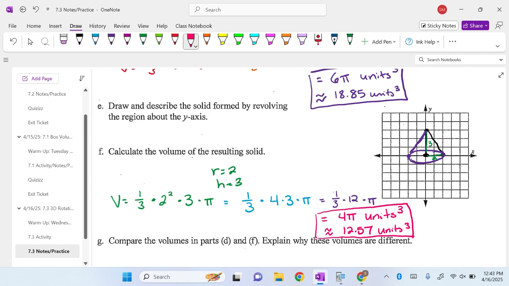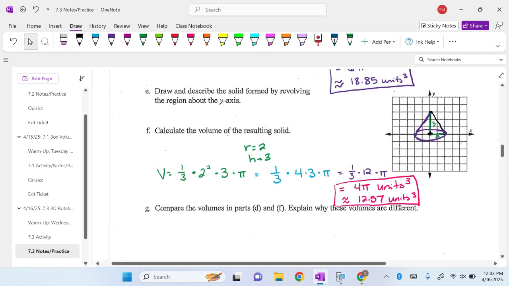So even though multiplication is commutative, meaning we can do it in any order that we want, it would still give us the same answer, exponents are not. They have specific values that they equal. 2 squared will always be 4, 3 squared will always be 9. All right, so that's why they're different.